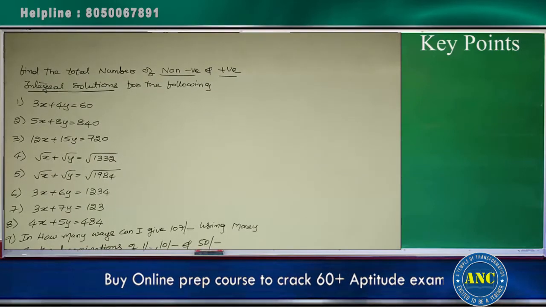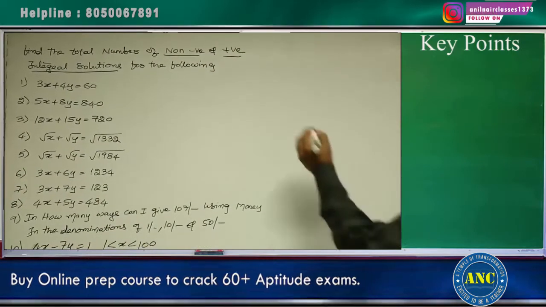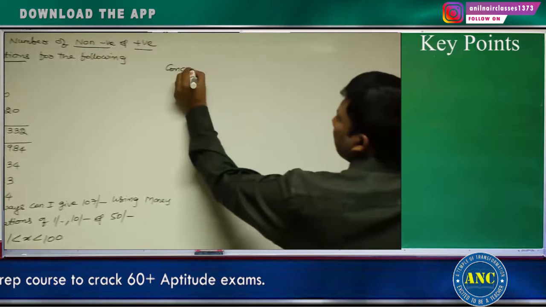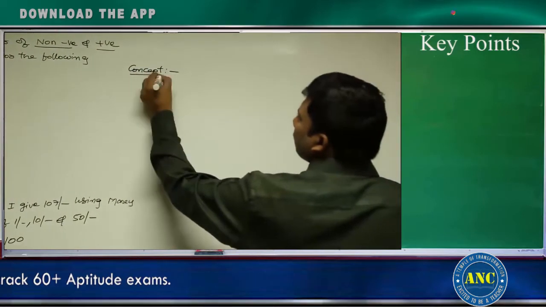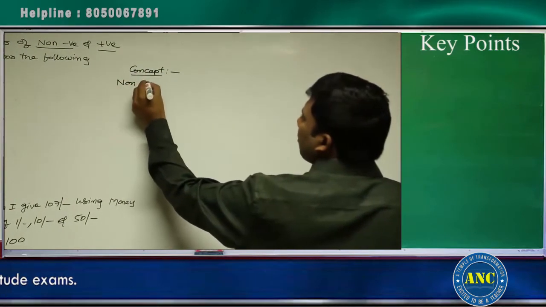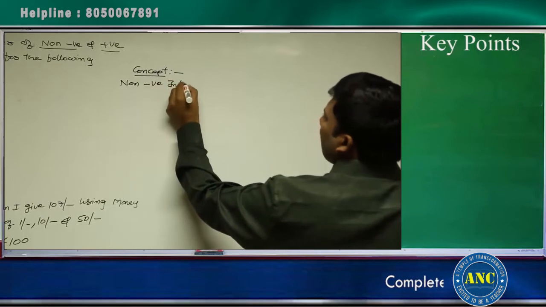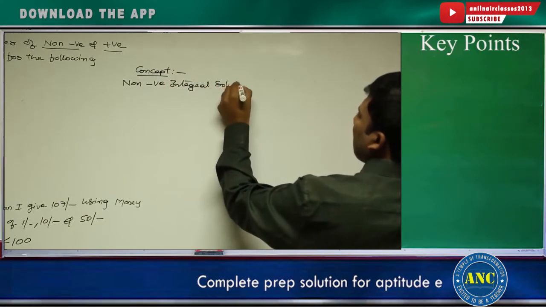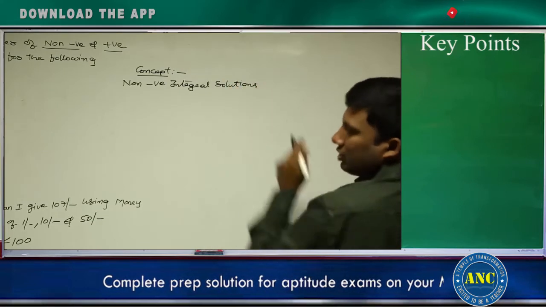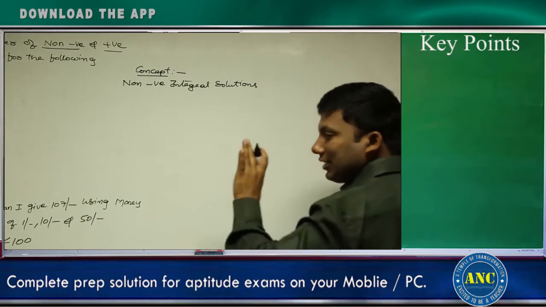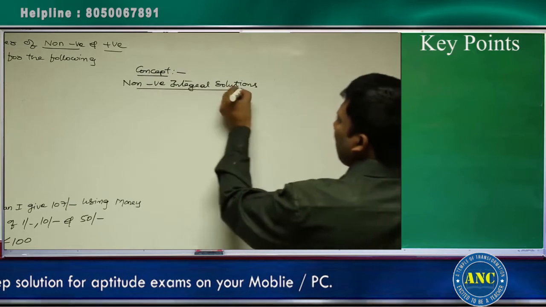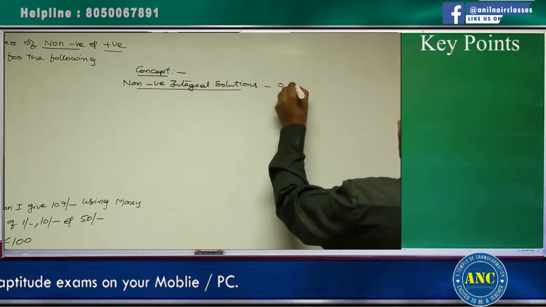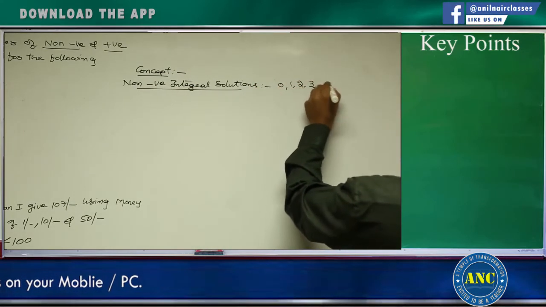Now, the concept of non-negative and positive integral solutions. Integers are negative, 0 and positive. Non-negative means other than negative, so it can take any value from 0 to infinity.